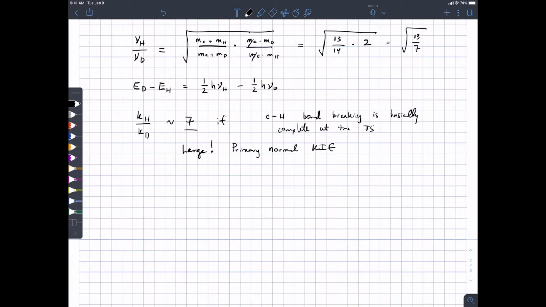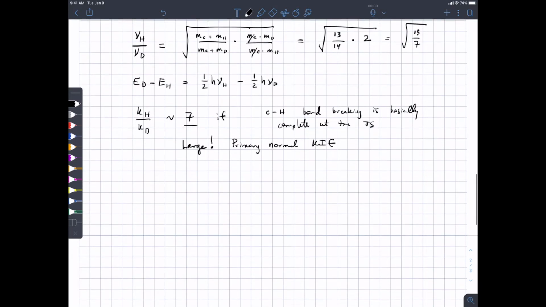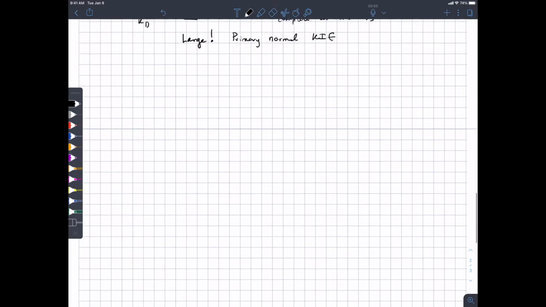So we're going to examine a few scenarios that give us a sense for when to expect kinetic isotope effects and when to not expect kinetic isotope effects. All right. Questions so far, though, before we move on?